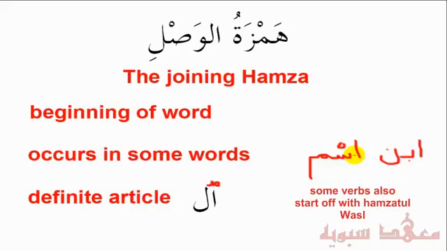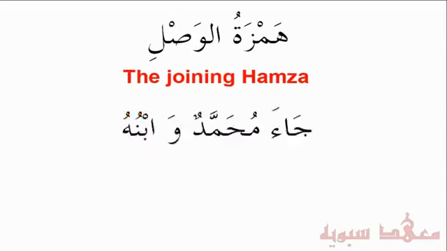Now the question is, why do they call it Hamzatul Wasl, the joining Hamza? Now for example, this sentence here, it says, Ja'a Muhammadun wabnuhu. Now, this is Hamzatul Wasl there. The word ibn, remember? Ibnuhu means his son. Now, when there's something before it, like here the waw, and regardless of what's before it, if we're actually reciting it, we don't pronounce this Hamza.